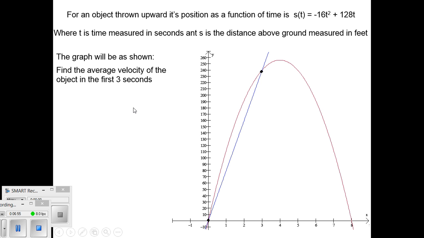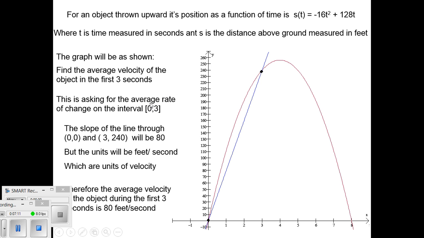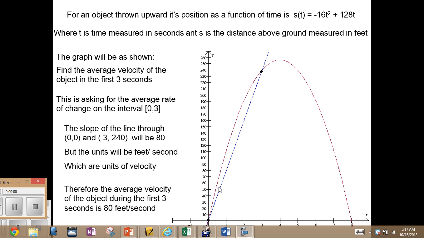So computing the average velocity over the first 3 seconds is the same as computing the average rate of change on the interval from 0 to 3. That implies that we need to find the slope of this blue line as shown here, and we need the points to find the slope.